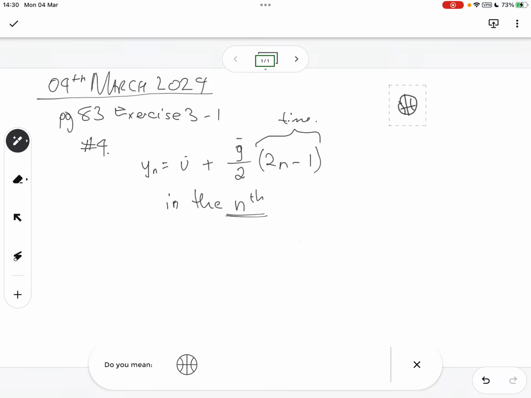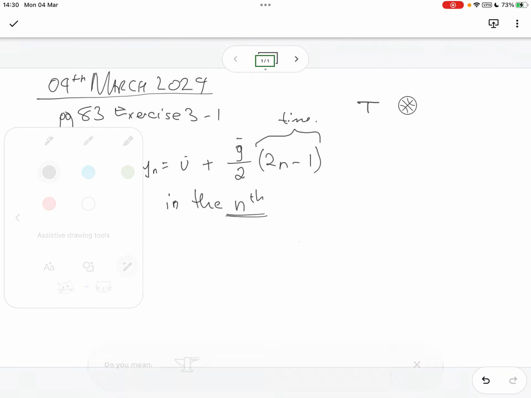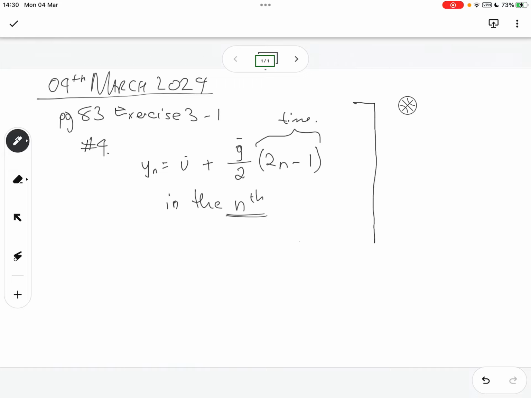But let's start off first by analyzing what information we're given. So we're given that the ball starts way up there. And then it gets dropped, right? So the ball gets dropped from the top of a tower.